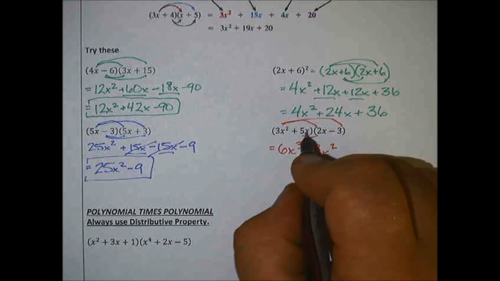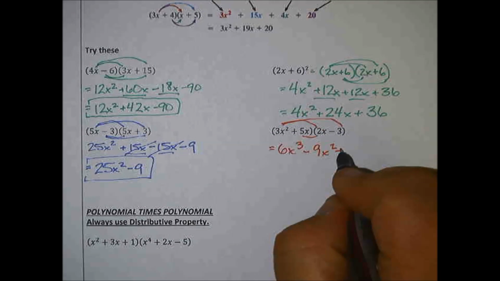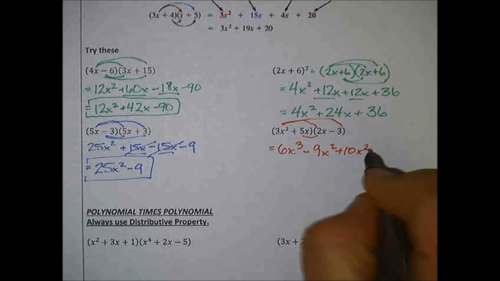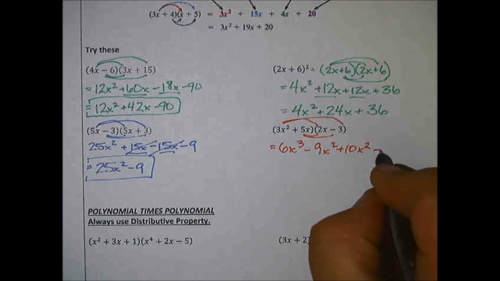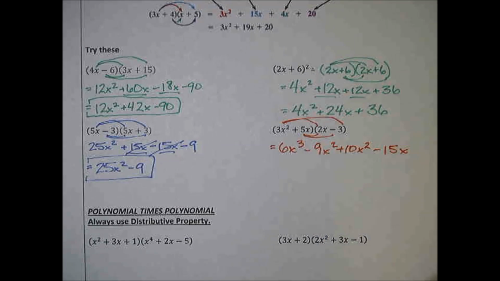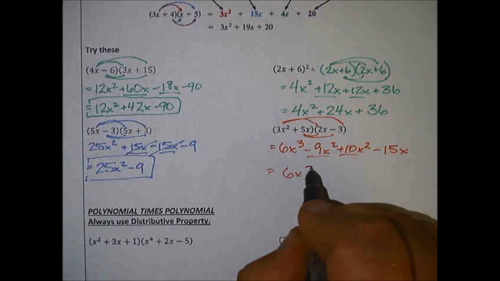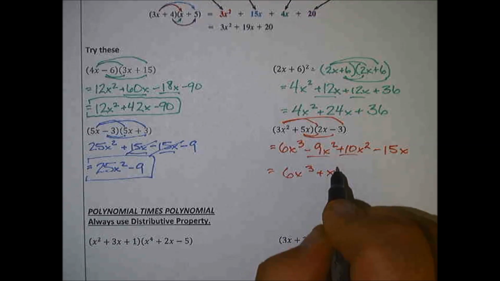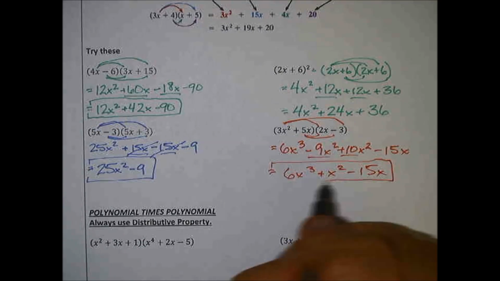Insides, 5 and 2 is 10. X times x is x squared. And last, 5 times negative 3 is negative 15, and there's an x on there. Again, my like terms are in the middle. 6x cubed plus x squared minus 15x. Final answer.